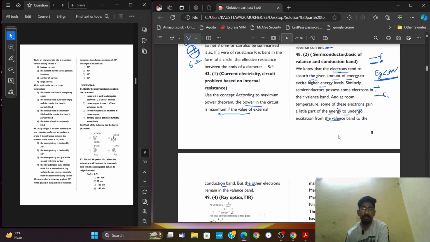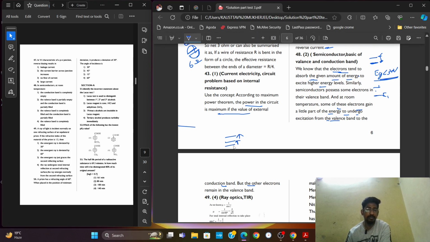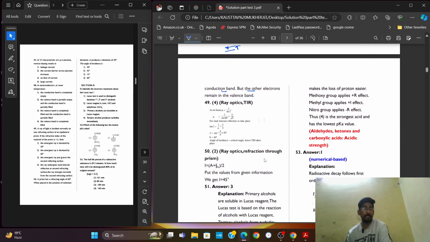So the valence band is partially empty and the conduction band is partially filled. Therefore there is a lack of electrons in the valence band and a number of electrons rising in the conduction band, so that it can generate or transport electricity, right?